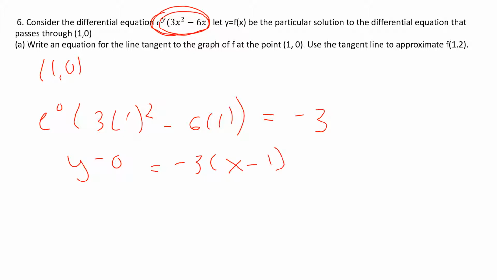Pretty standard stuff. I'm just going to plug in 1.2 to approximate, and we've got that y is approximately equal to negative 3 times 1.2 minus 1. Normally I wouldn't simplify this, but it's pretty easy, so we get negative 0.6. That's all for part A.